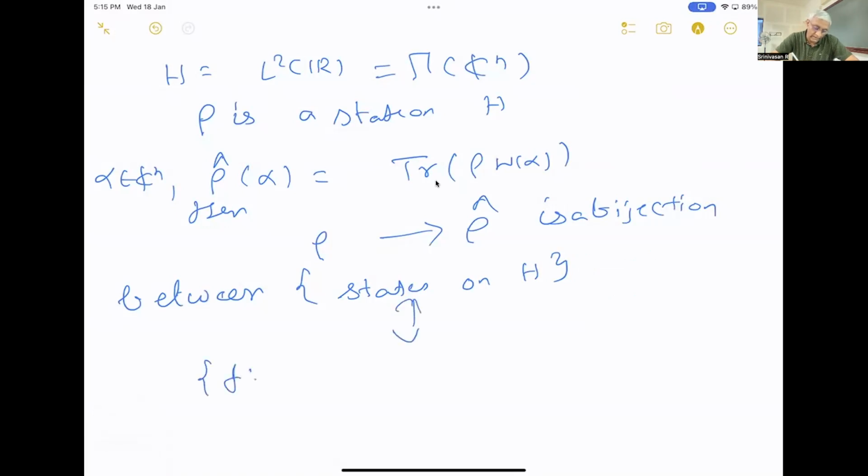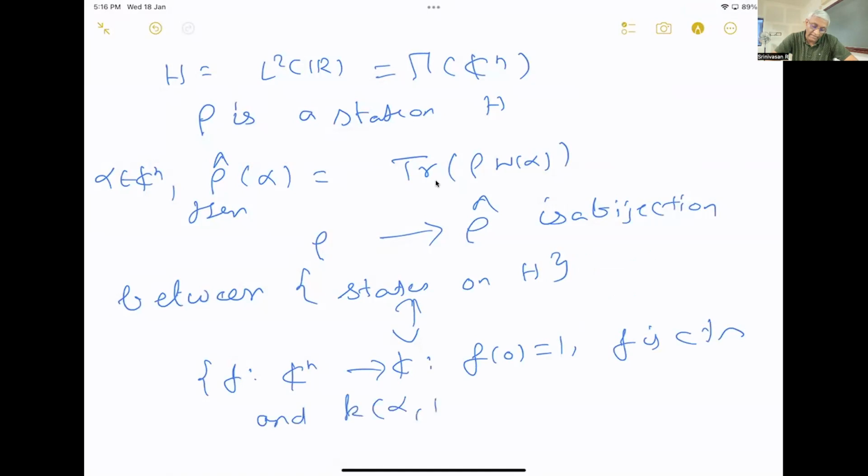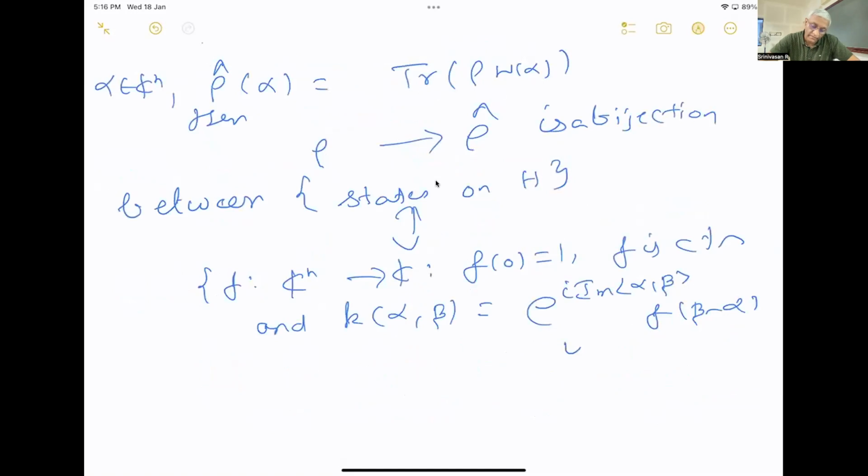All those functions from Cn to C satisfying f of 0 equals 1, f is continuous, and the function k of alpha, beta equal to e power i imaginary part of alpha beta, f of beta minus alpha is positive definite. So we proved these things.